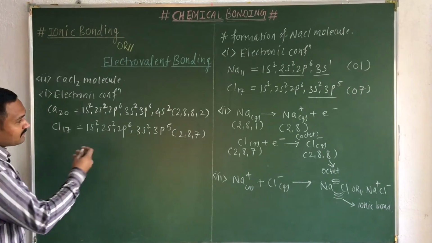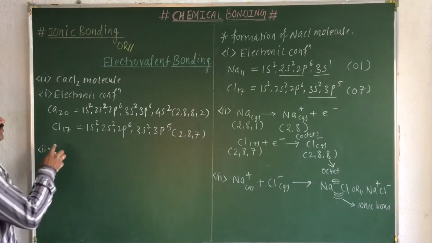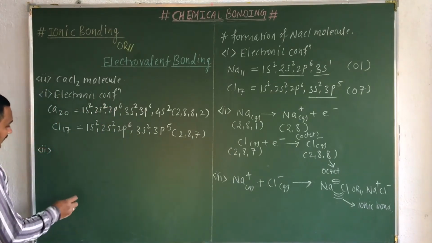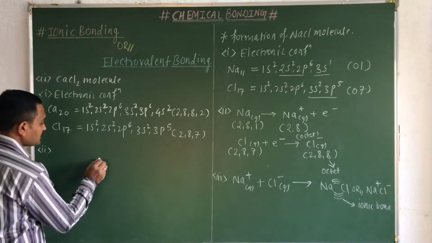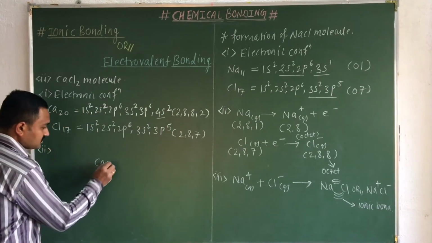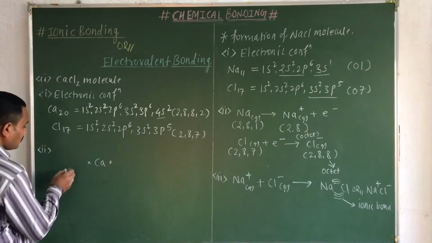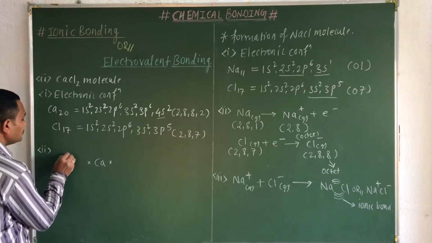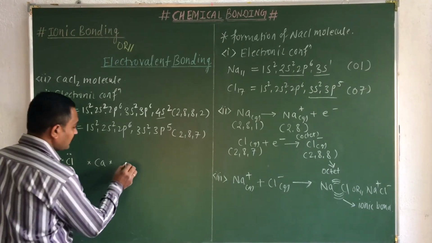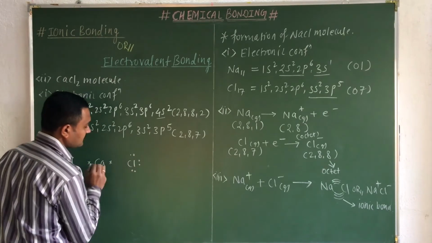If I draw the Lewis structure for the formation of this CaCl2 molecule, it will be like this. Here calcium will be at the center, its valence shell has 2 electrons, so I will show those 2 electrons in the form of crosses. Chlorine has 7 valence electrons, so I will write the Lewis structure for the chlorine atom like this.